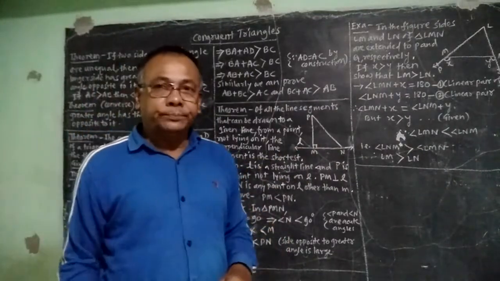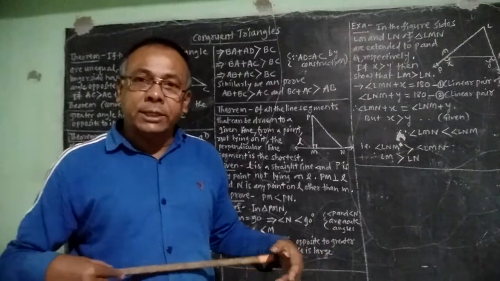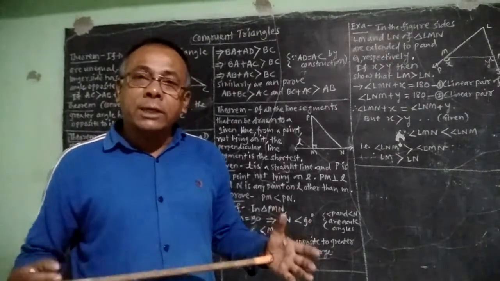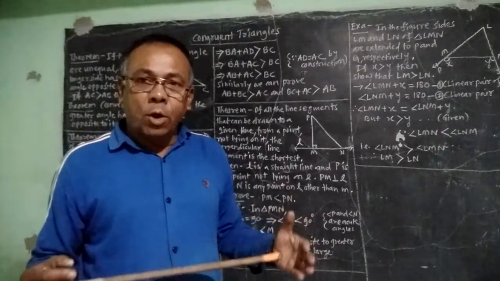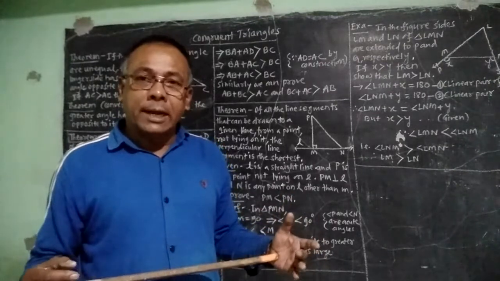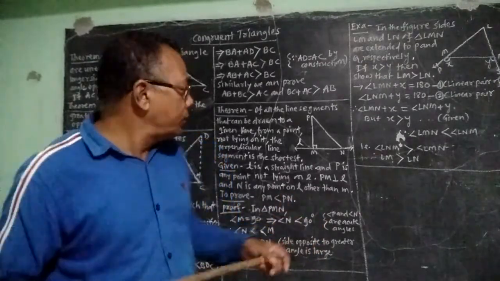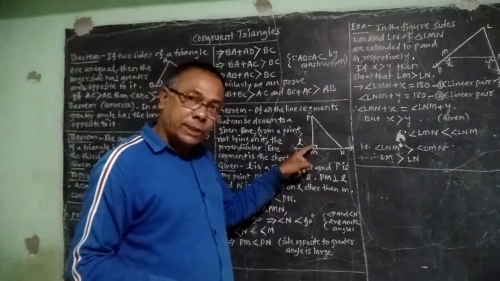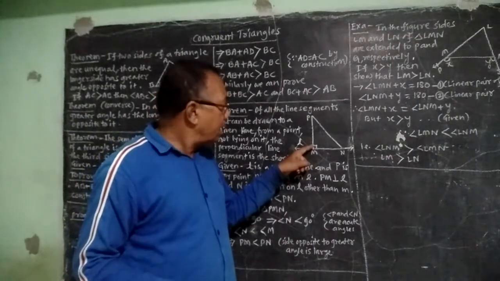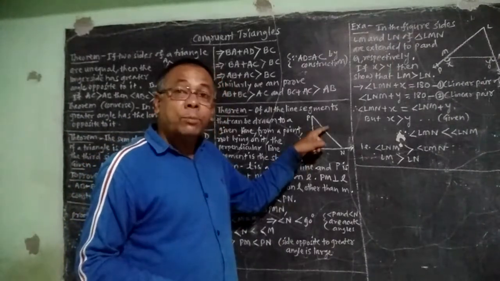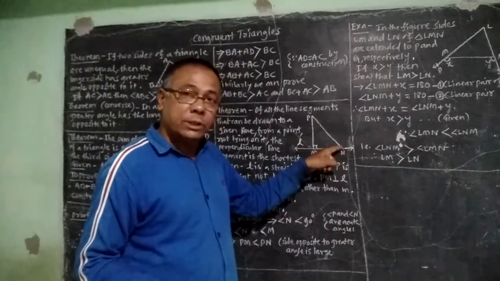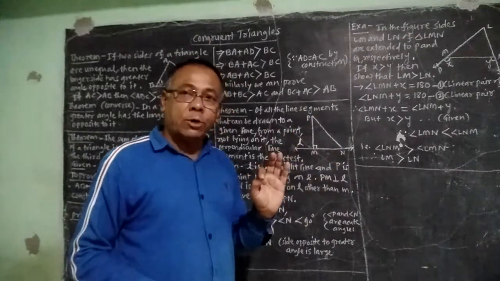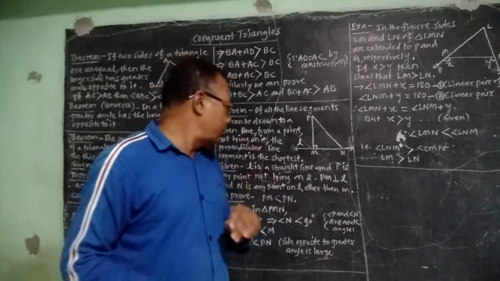Also we know that in a right angle triangle, the side opposite to the right angle is always the hypotenuse, means PN is the hypotenuse. So the longest side of the right angle triangle is the hypotenuse.